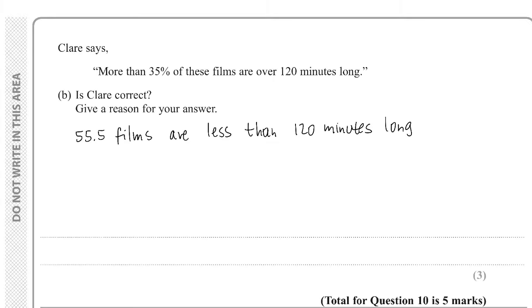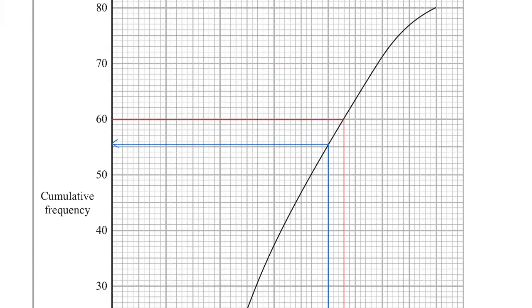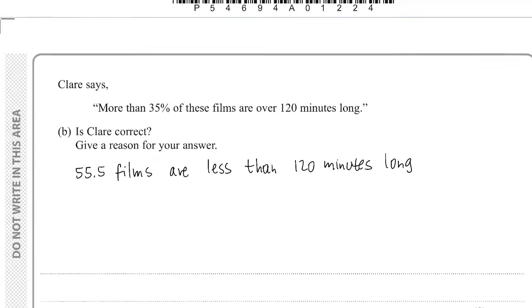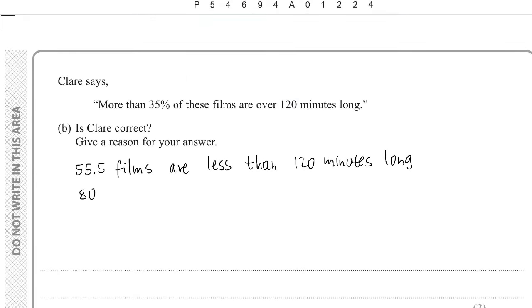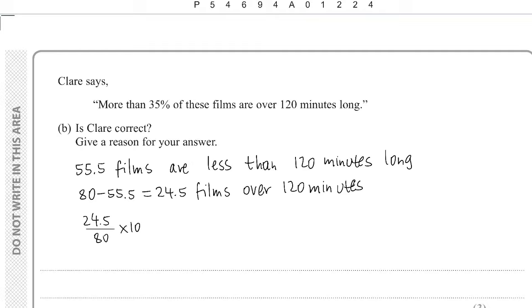Remember that the total is just 80 films. So if I do 80 minus 55.5, I get 24.5 films over 120 minutes. So out of 80, 24.5 over 80 times 100, I will convert essentially this probability into a percentage.